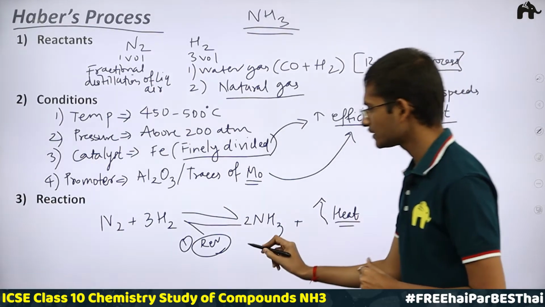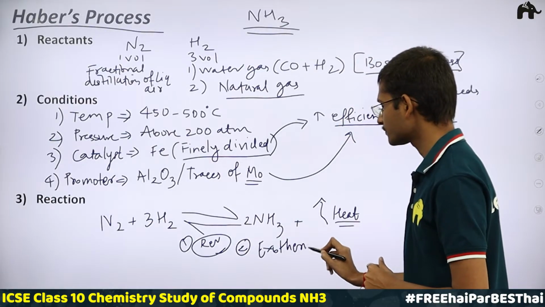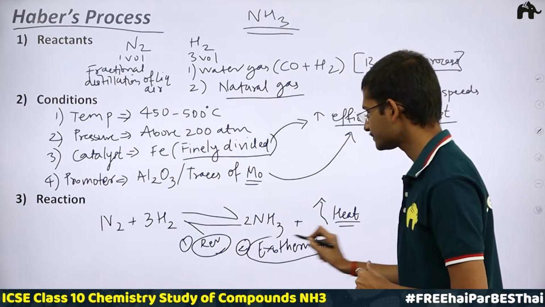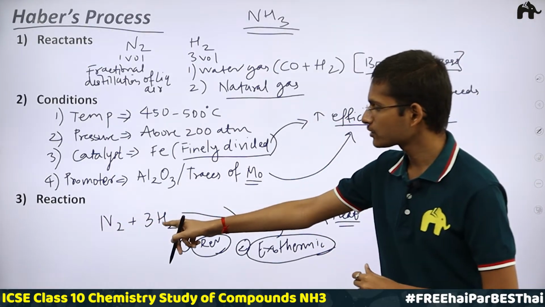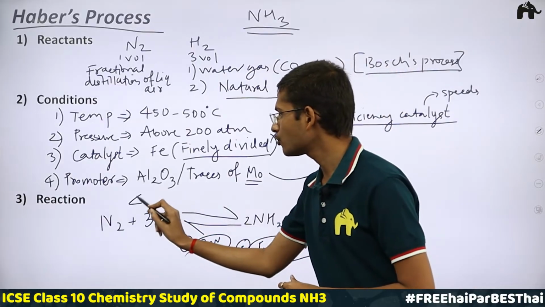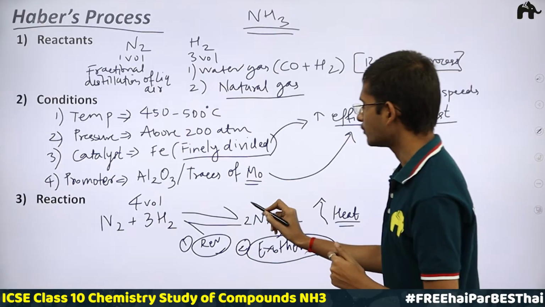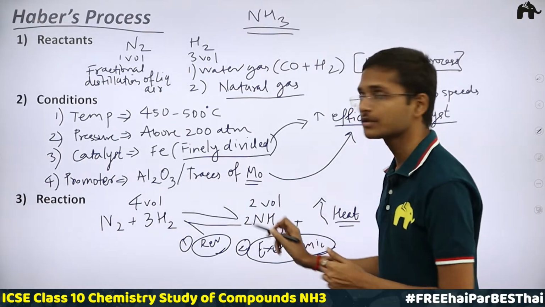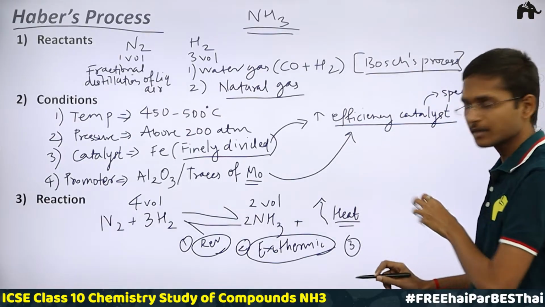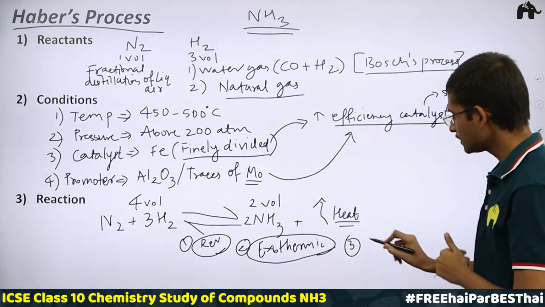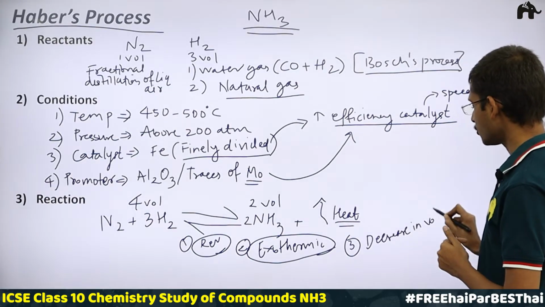So that means this reaction is exothermic as well, right? And thirdly, you can observe here there is 1 volume of nitrogen, 3 volumes of hydrogen. So total there are 4 volumes in reactants, and in products we are getting 2 volumes of ammonia. So from 4 volumes to 2 volumes, this means that the reaction is accompanied with a decrease in volume, right? Decrease in volume.